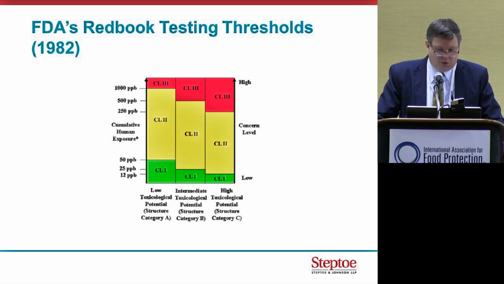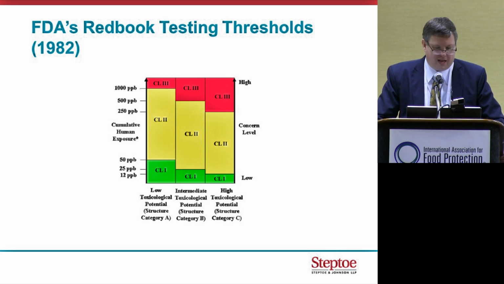FDA uses a similar structure activity analysis to divide compounds into three structure categories of different concerns, and then factors in the likely exposure of the compound from the intended use to establish a concern level 1, 2, or 3.